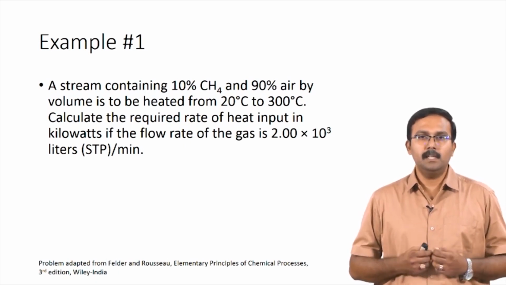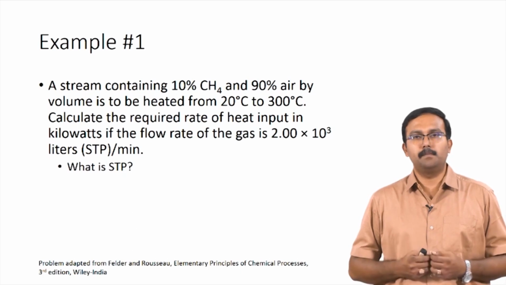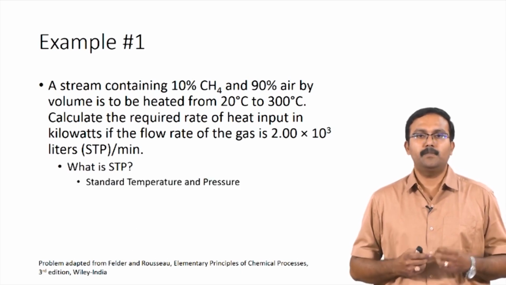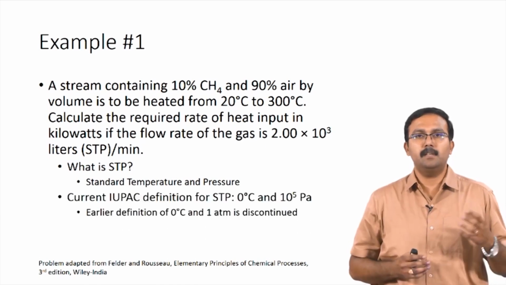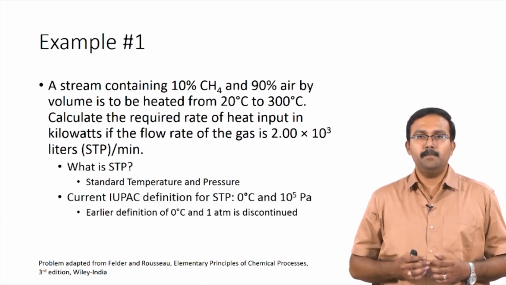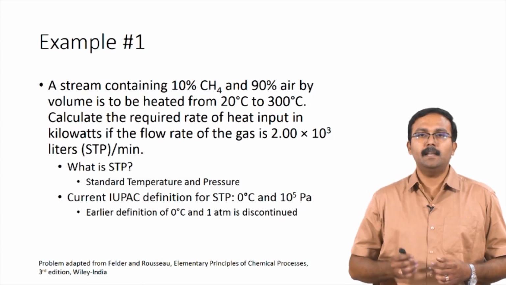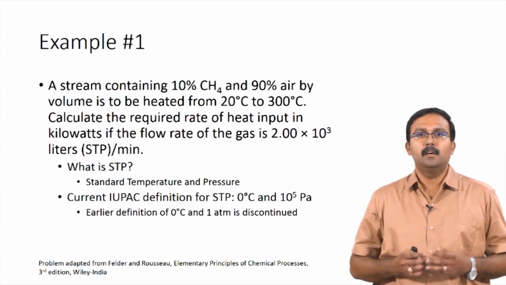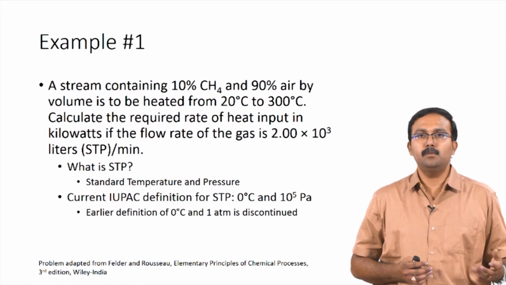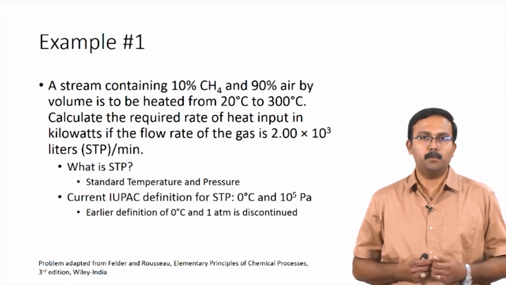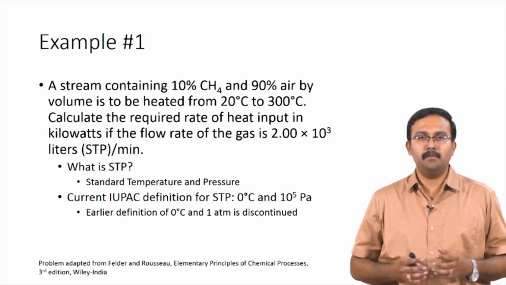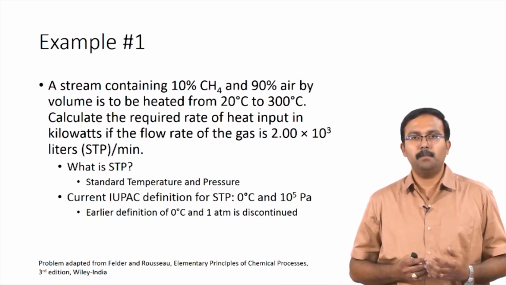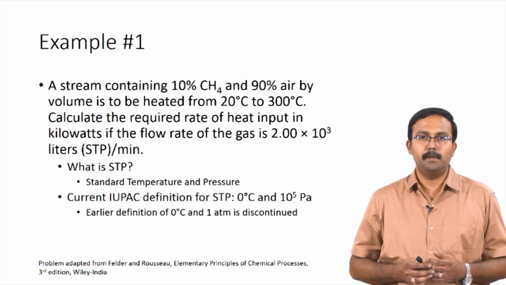Now, the first thing we need to know is what STP is. STP stands for standard temperature and pressure. According to the latest definition by IUPAC, STP is 0 degrees Celsius and 10 power 5 pascals. The earlier definition was 0 degrees Celsius and 1 atmosphere, but this has now been discontinued and we have to use 0 degrees Celsius and 10 power 5 pascals for STP.